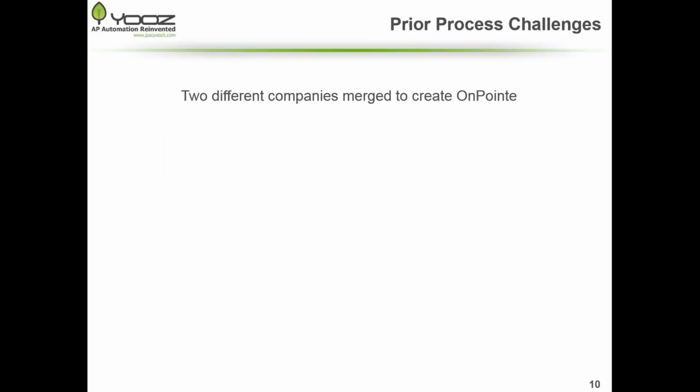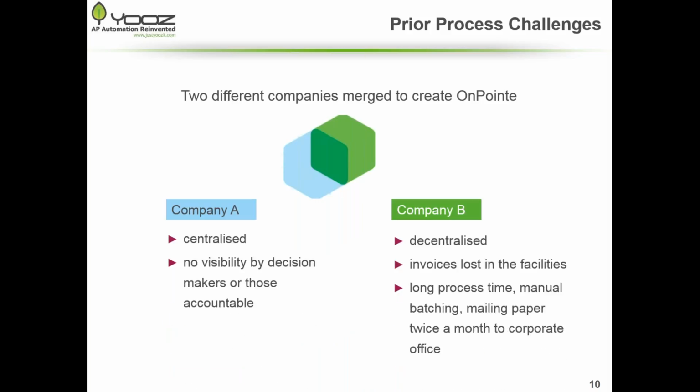The challenges that they faced prior to implementing the project was the merging of two different companies to create OnPointe. Company A was centralized, so all the accounting was done in company A, but there was no visibility by decision makers or those accountable for those decisions.